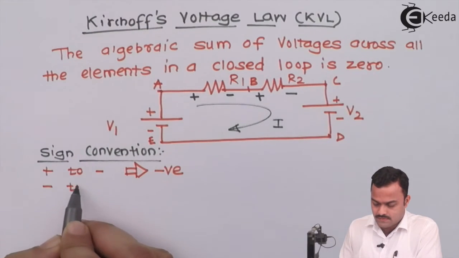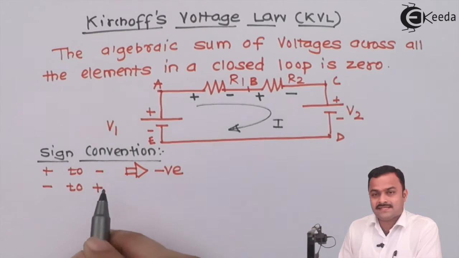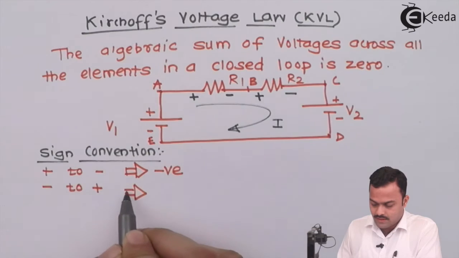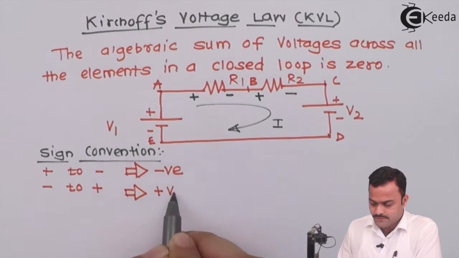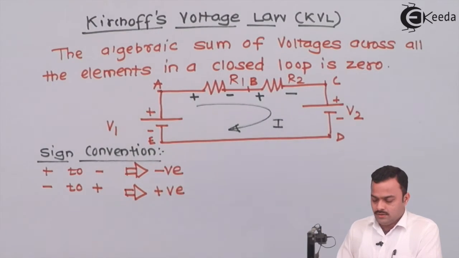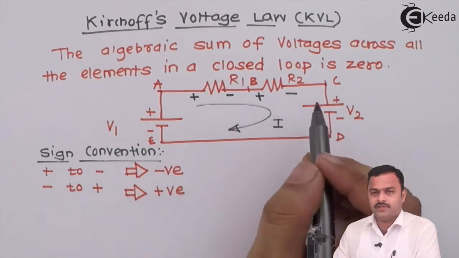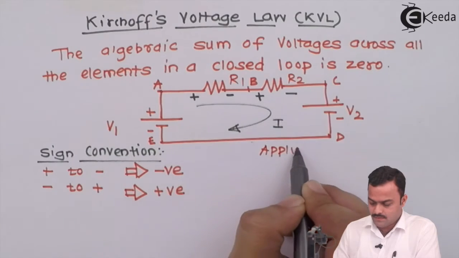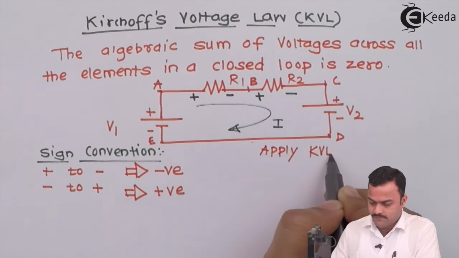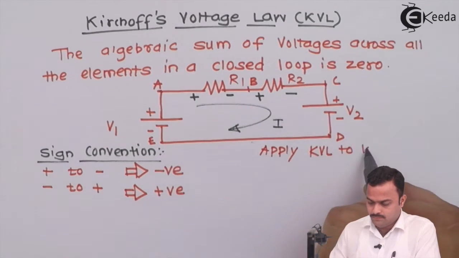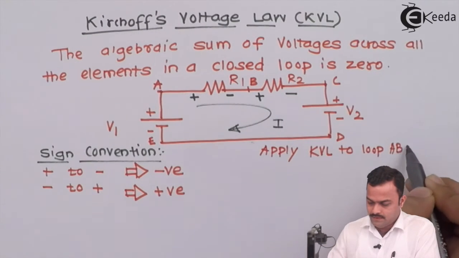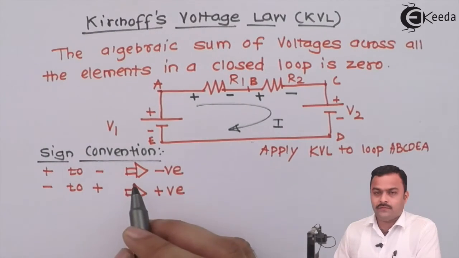Minus to plus, that means negative to positive in the same direction, I have to consider as a positive term. So let's apply this convention over here. If I apply KVL to loop A, B, C, D, E and back to A, what will I get?